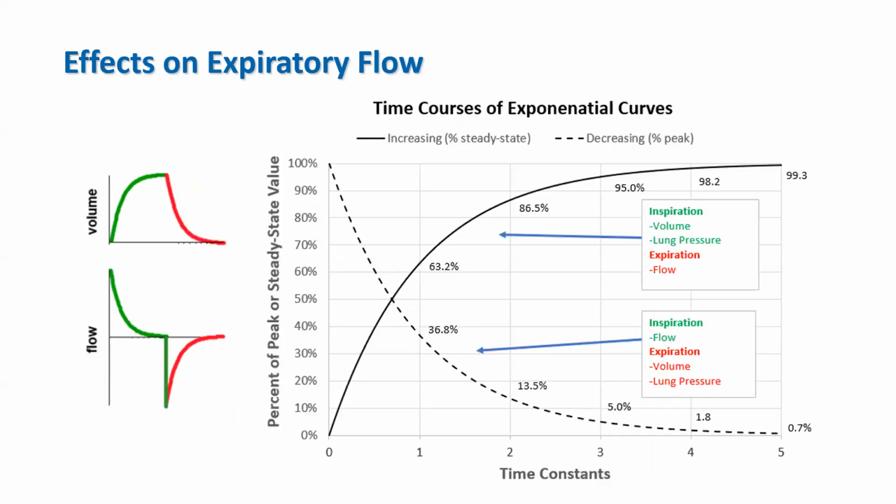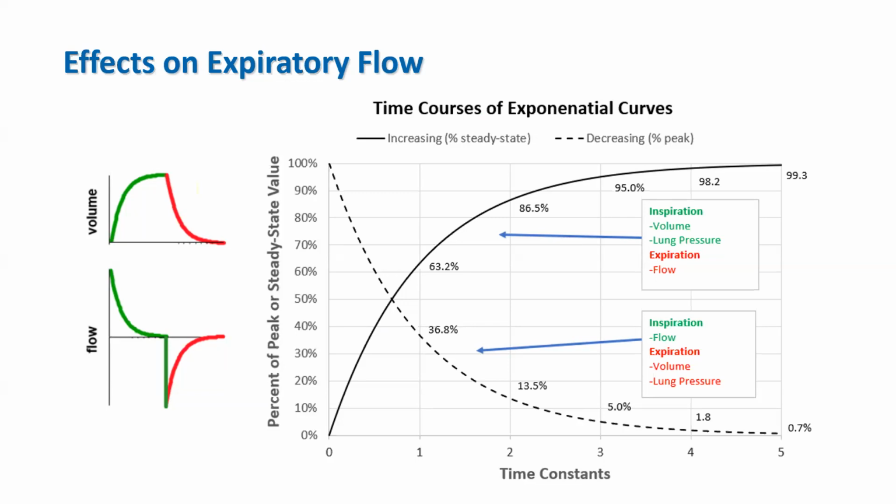Now, another key concept when we're looking at waveforms is this idea of a time constant. The time constant is a mathematical construct. It's calculated by multiplying resistance times compliance, and what you get are units of time, usually in seconds.